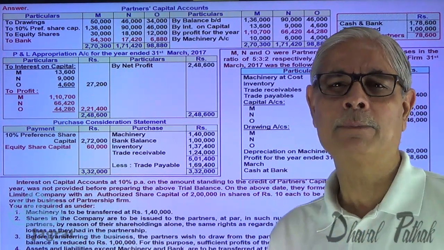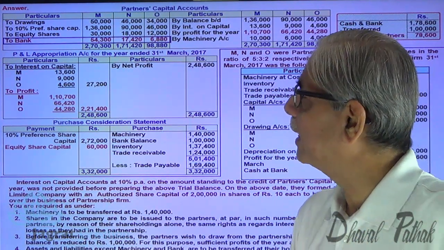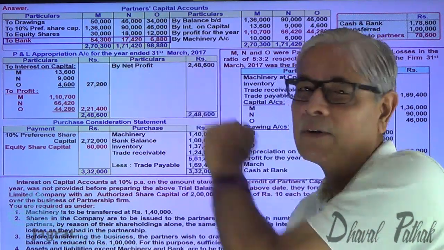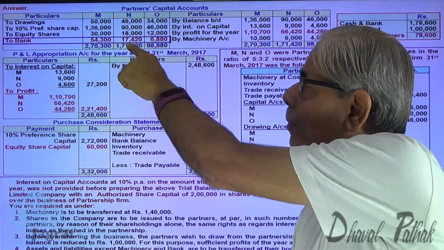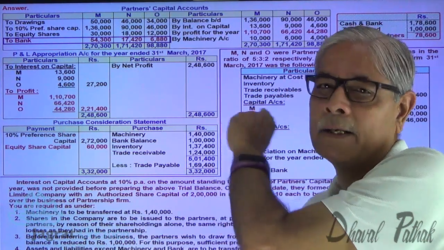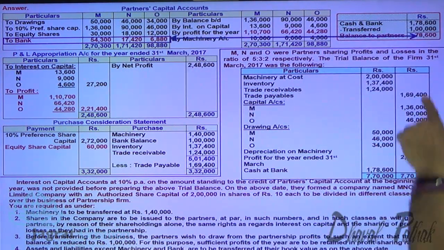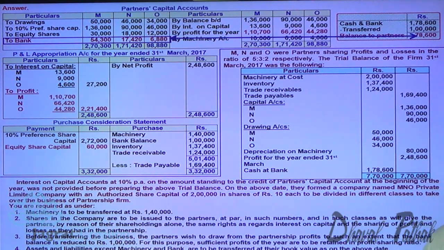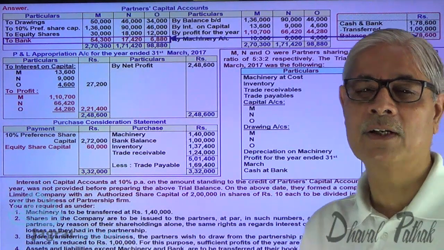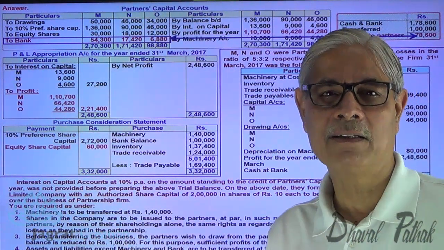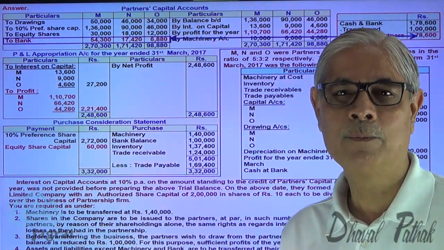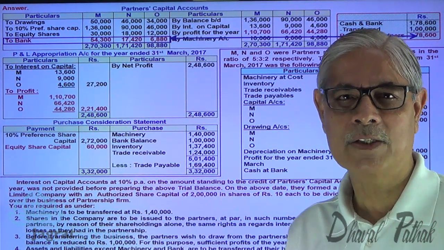Make a total of the payment made in cash: 54,300, 17,420 plus 6,880. This total will be equal to 78,600. Confirm it. If this confirmation occurs, then your sum is right. So this is how this sum on amalgamation is solved.